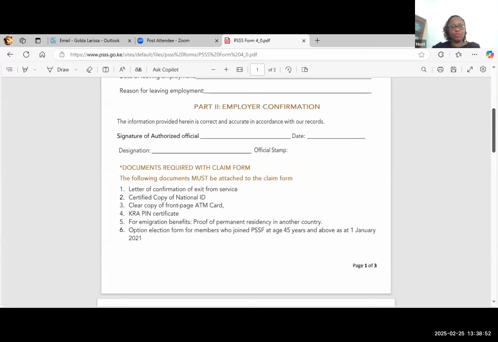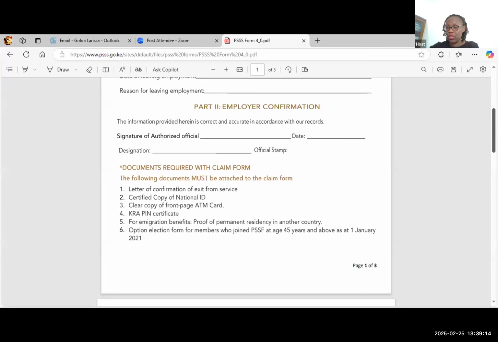Your employer has to confirm that you're actually leaving service because this is the person in whose service you're in. This is the person for why you're in this scheme. Because of them, you're in this scheme because you work for the government. So they have to confirm that you actually, you are there and you have actually left service. What are the documents that you require?